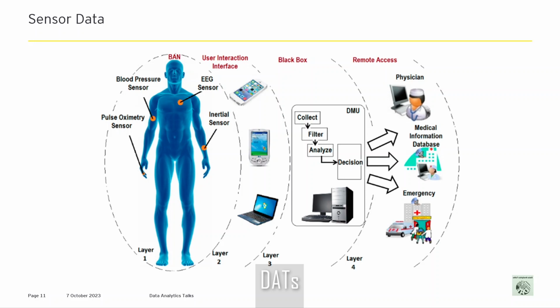We have blood pressure sensors, pulse oximetry sensors, ECG sensors, inertial sensors. All this data is being collected, processed, analyzed, and arrives at some decision. It is helping our doctors. It is generated from multiple devices. The process of accumulation is too complex in this case. Data storage should support sensor data.